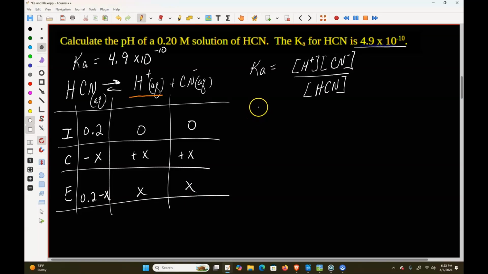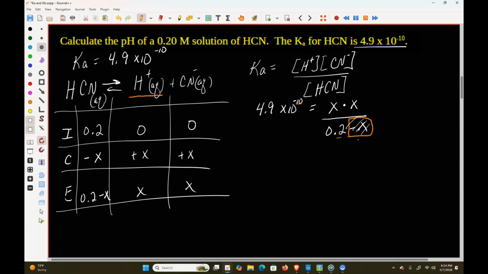All right, so we will have 4.9 times 10 to the negative 10 equals x times x divided by 0.2 minus x. This time I will definitely drop this because this is to the negative 10, this is to the negative 1. That's 9 powers of 10. So therefore, subtracting x from 0.2 is insignificant, so we can go ahead and just not do that.